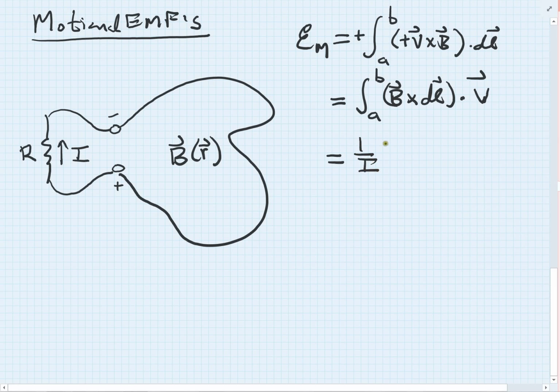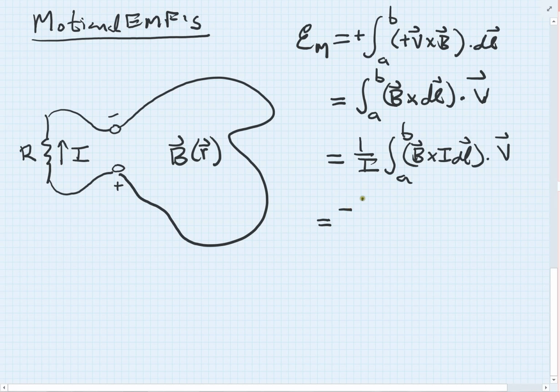If I divide by I on the outside and multiply by I back on the inside, this would be B cross I dl. It looks almost like the force on a segment, dotted with V, right? I dl is normally how we compute the force on each of our wire segments. The problem is, though, the cross product is in the wrong order. So I had better pull out a minus sign.